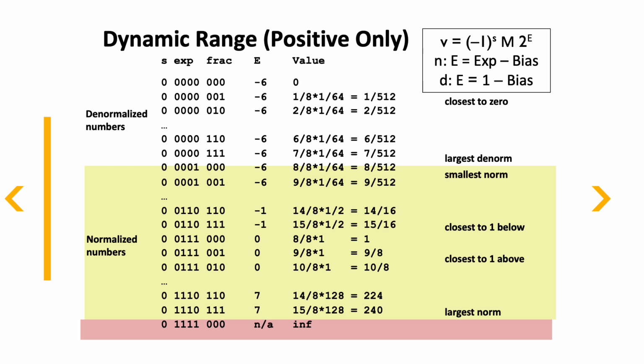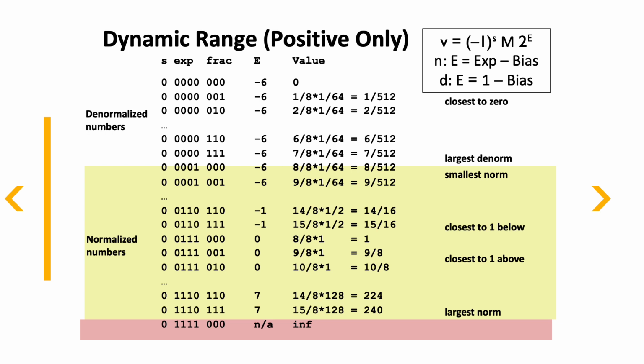Note that when I talked in the previous slides about something in denormalized being less than 1, we're talking about the significand. Because we're multiplying by 2 to the e, and we can have a negative exponent, normalized numbers are not just from 1 and up. We can still have very, very small numbers in the normalized range. In this case, we're starting with 8 512ths. As we move on up, we just keep on counting, and eventually we run out of the option to represent things without our EXP field becoming all ones.